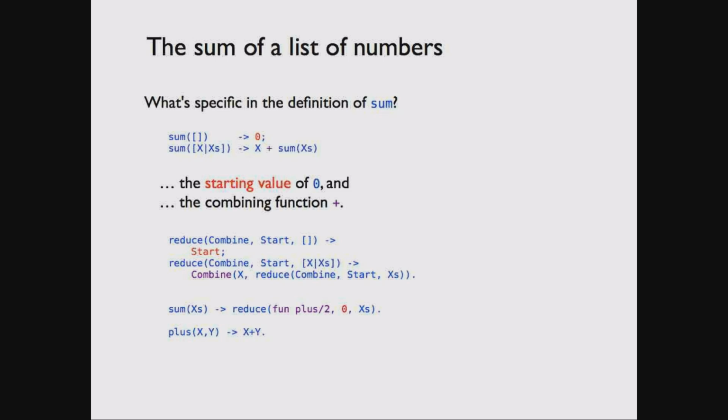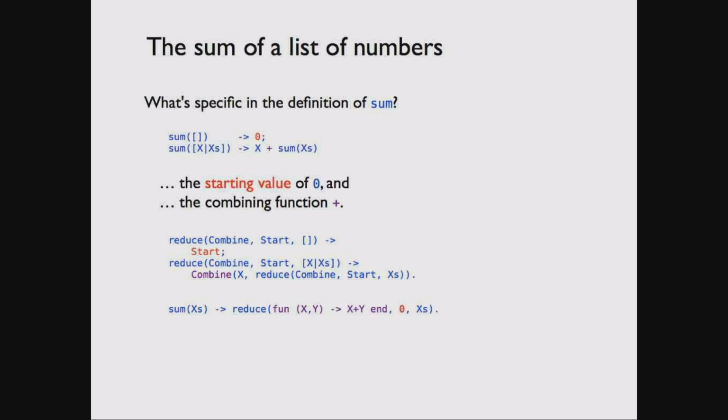We could equally well put a lambda in there. We could say fun, open parenthesis x comma y, close parenthesis, arrow x plus y, end, and that would allow us to define sum in exactly the same way without having an auxiliary definition there. And we'll come back to that sort of fun expression, that sort of lambda, in the next section of the MOOC.